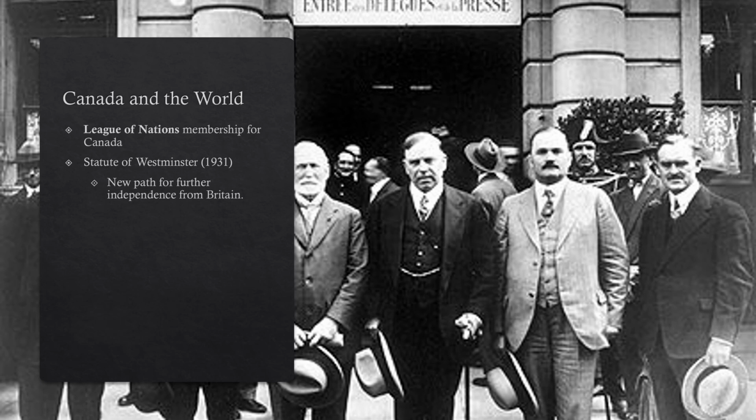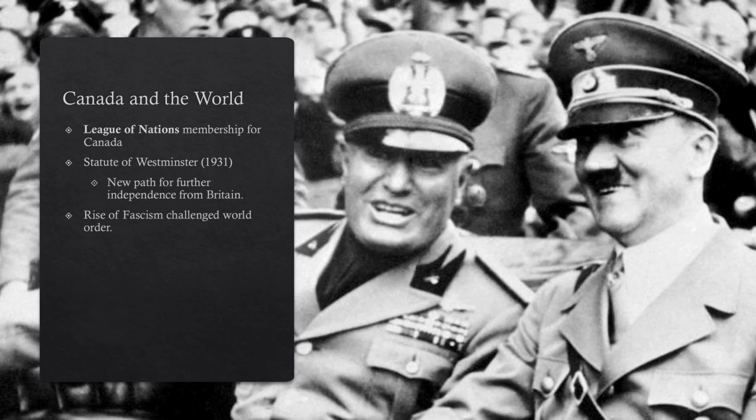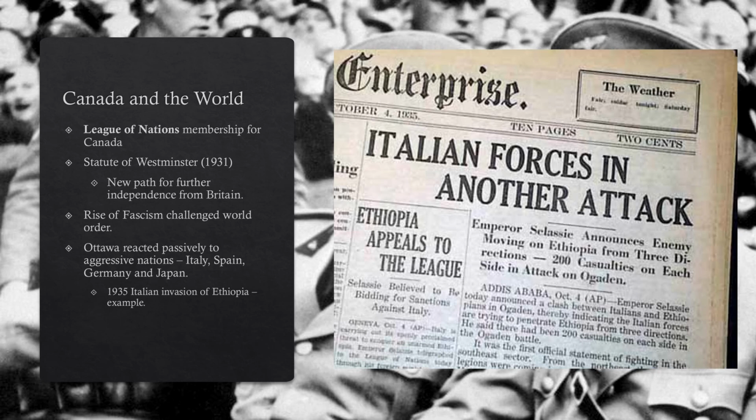At the same time, in the 1920s and 1930s, the world order was being challenged by the rise of fascism. Leaders such as Mussolini and Hitler would threaten world peace and bring the world to the brink of war once again. For the most part, Ottawa reacted somewhat passively to these aggressive nations such as Italy, Spain, Germany, and Japan. One example is the 1935 Italian invasion of Ethiopia, where the League of Nations forcefully condemned Mussolini for his attack on Ethiopia, which he had done for no other reason than that Italy could attack Ethiopia.